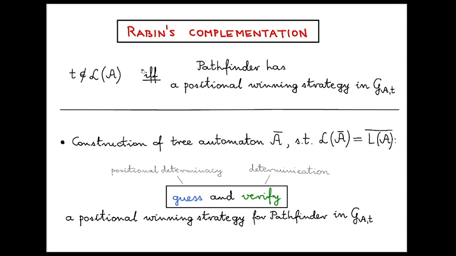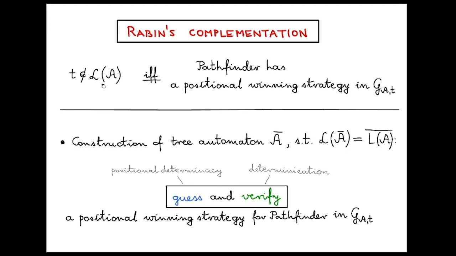So we defined acceptance of a tree by an automaton using a game in which we had two players called Automaton and Pathfinder. And we defined tree T being accepted by an automaton, or in other words, belonging to the language accepted by the automaton, if it was the automaton player who had a winning strategy.